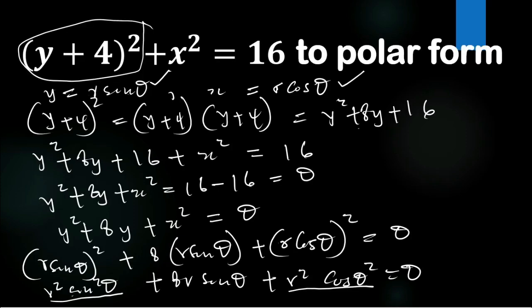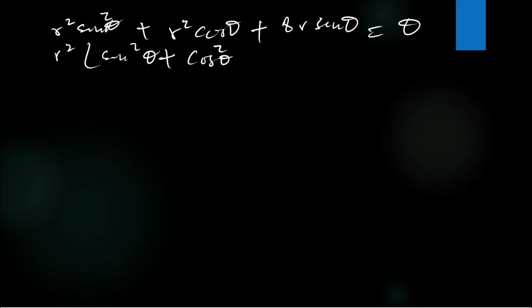That gives r squared into sine squared theta plus cos squared theta, plus 8r sine theta, is equal to 0.